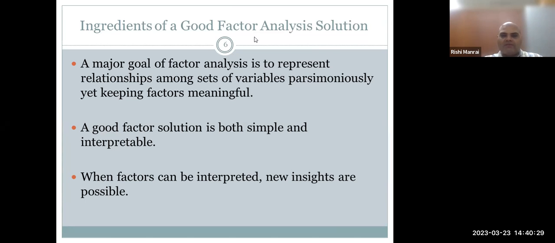For example, in my area, technology adoption, whenever you take the Technology Acceptance Model, the TAM model, there is a common comment by most journal reviewers that this kind of paper will not be accepted, or we will not accept this model in your paper, even if it is extended or added to by another model or construct.